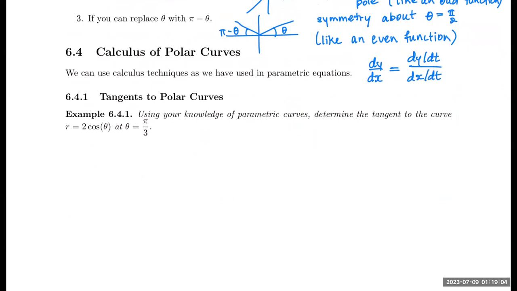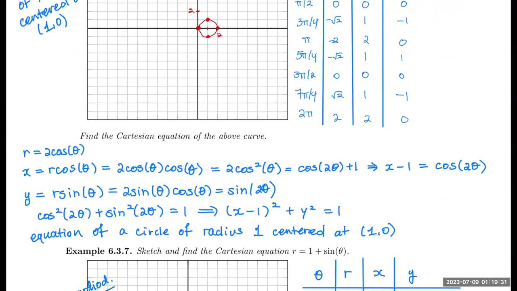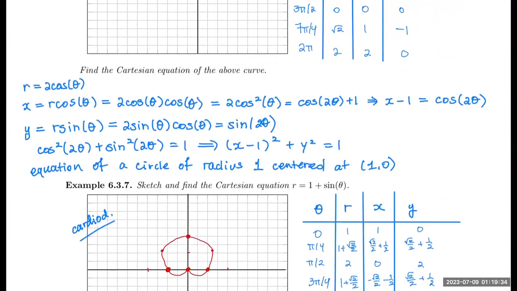So let us use our knowledge of parametric curves to determine the tangent to the curve r is equal to 2 cos theta at theta being pi over 3. That means we have to find dy divided by dt and dx divided by dt. So remembering that x here was over here, which is 2 cos 2 theta plus 1.